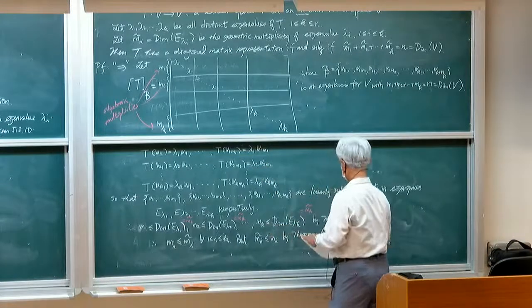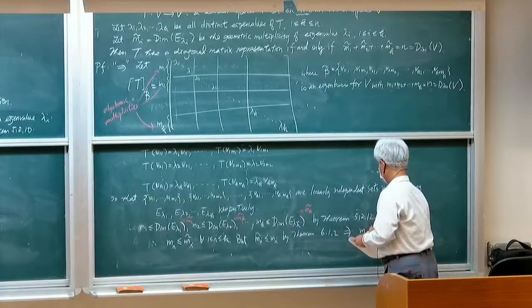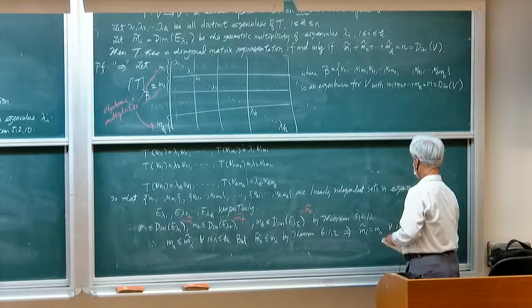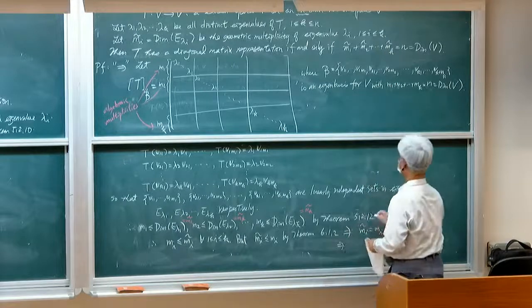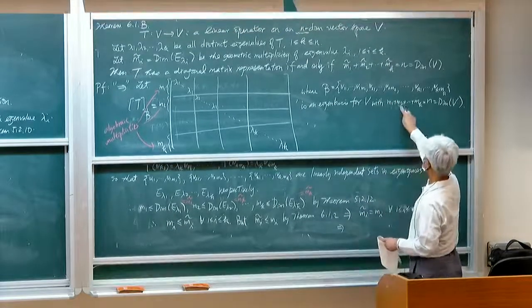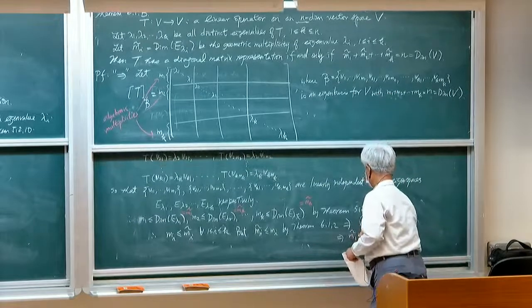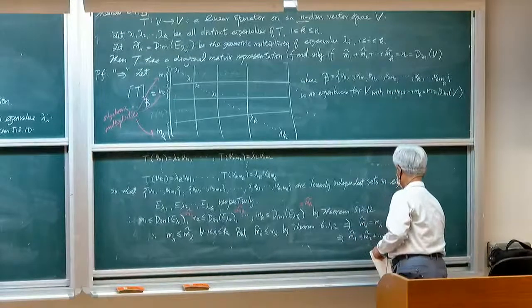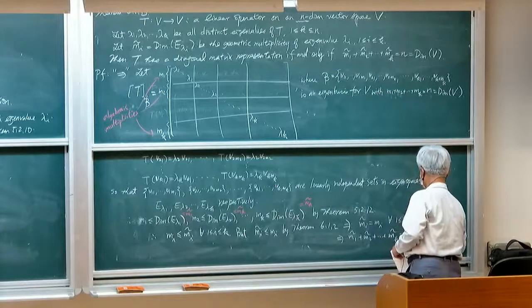So Mi tilde must be equal to Mi for all i equal to 1 to k. This implies, since M1 plus M2 plus ... plus Mk equals n, that M1 tilde plus M2 tilde plus ... plus Mk tilde is equal to n, the dimension of V.